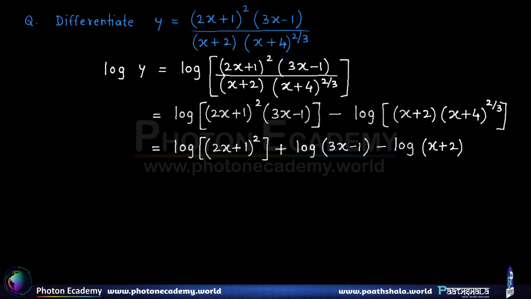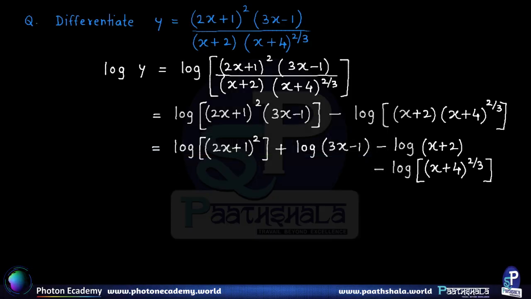So that is minus log of x plus 2 minus log of x plus 4 whole raised to 2 by 3. We are already familiar with the process till this point. It involves the properties of log. So what we have found so far is just the log of y.